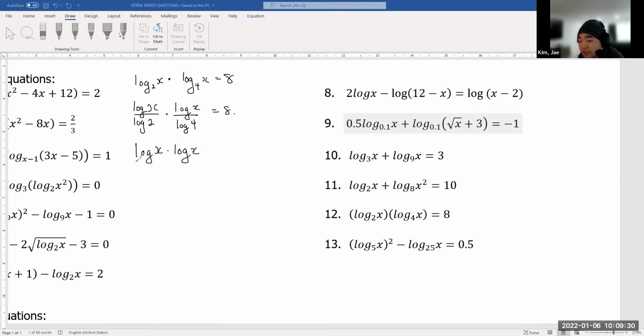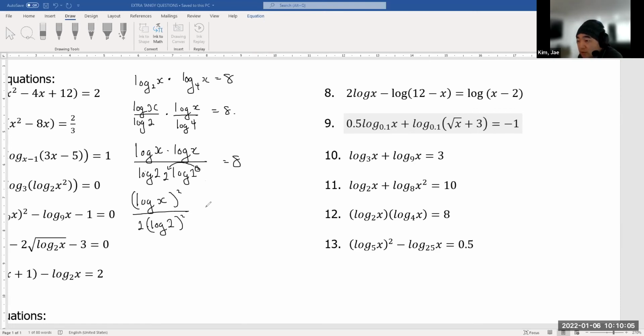I'm going to take an extra step in turning this into log of 2 times log of 2 to the power of 2, which is the same as there. Because I dropped the 2 down, this becomes 2 log 2, and I have log 2 twice.